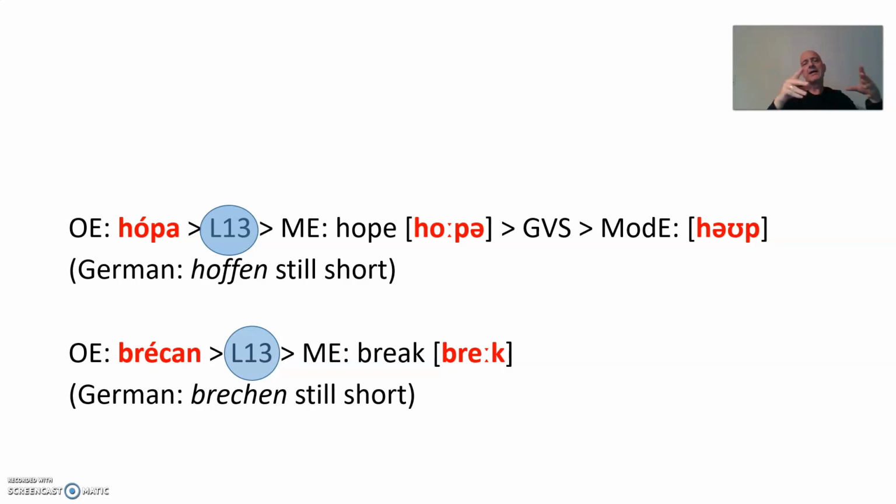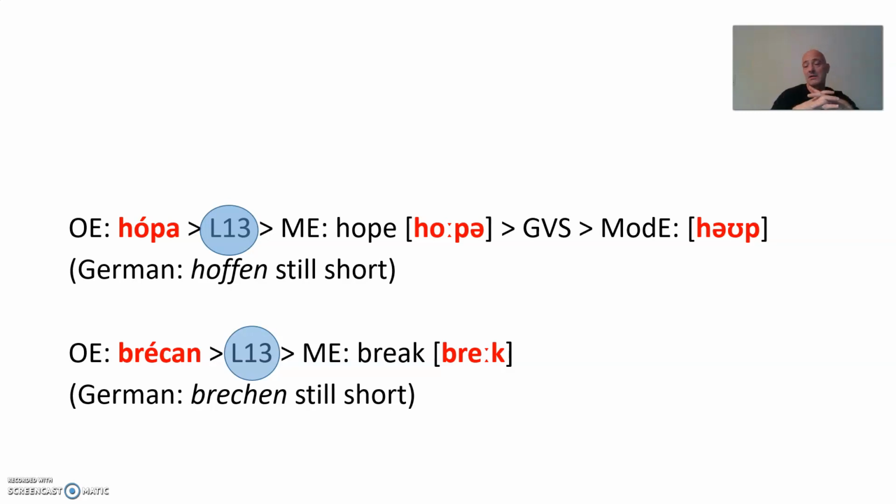Okay, but since hopian is bisyllabic, with an open syllable, L13 applies, and then it becomes something like hōpen in Middle English. And then again, this goes into the Great Vowel Shift and becomes hope eventually. Hopian, hope today. Okay.